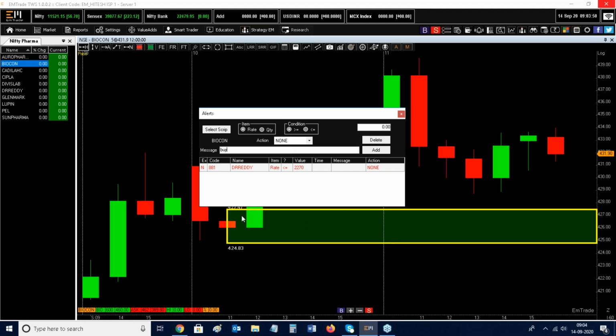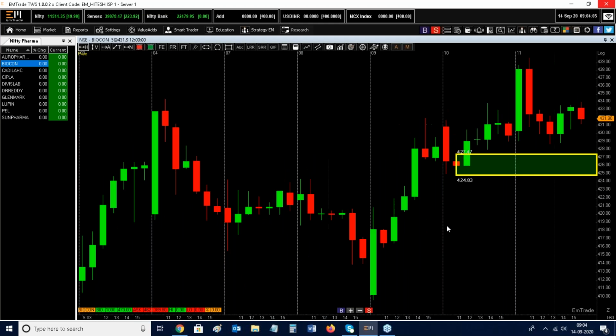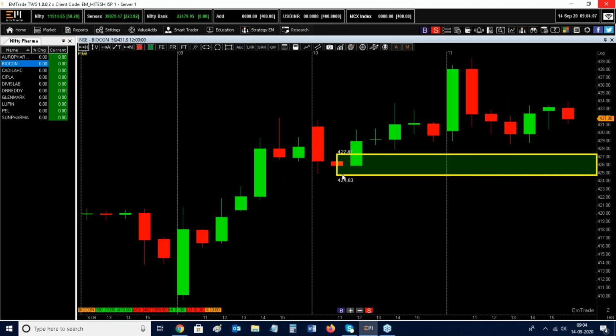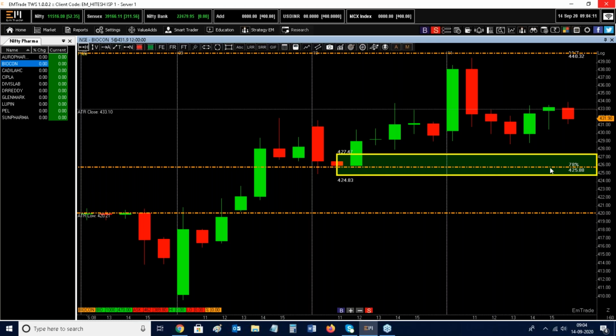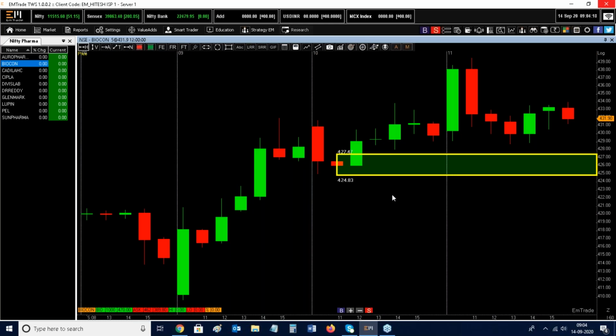So, which is around 428, I'll write 428 and I will click on add. So whenever that price comes, your alert will be triggered out there. It's a 60-minute support along with you have the 78% retracement running. So it gives added comfort to you as far as the support levels are concerned. Fine.